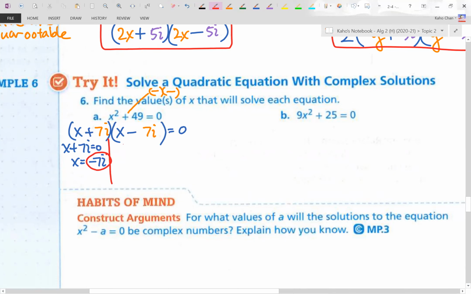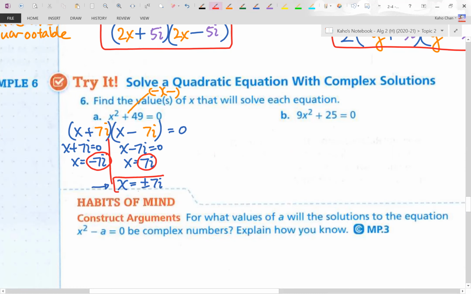And the other one is like this. X equals +7i. You can combine those together. X equals plus or minus 7i.